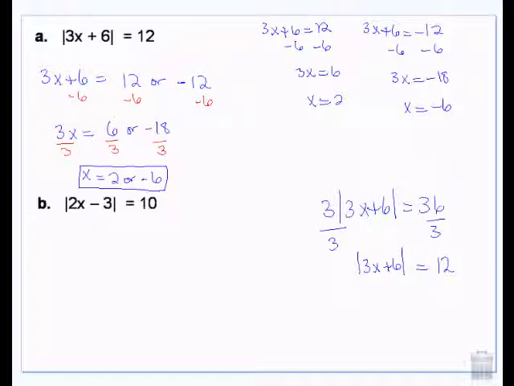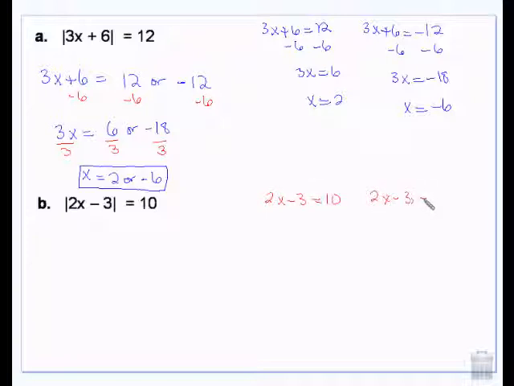So I'm going to make my eraser bigger. I'm going to do the same thing again. I can either split this into 2x minus 3 equals 10, 2x minus 3 equals negative 10, right? Because this inside has to be 10 or negative 10. Or I can write it as a compound and put that together.